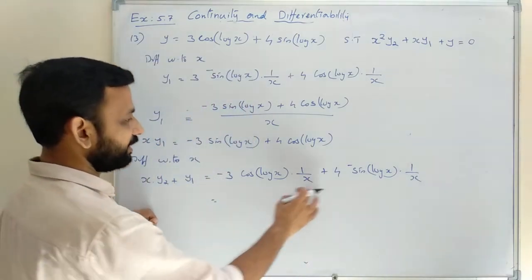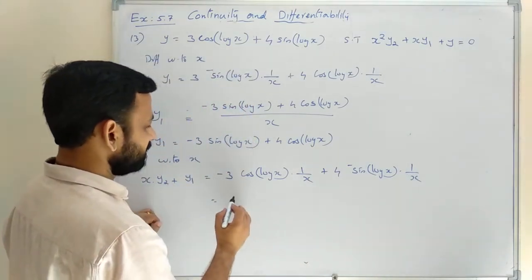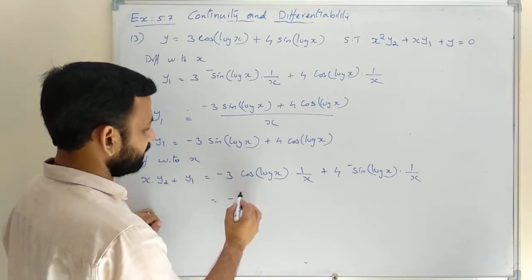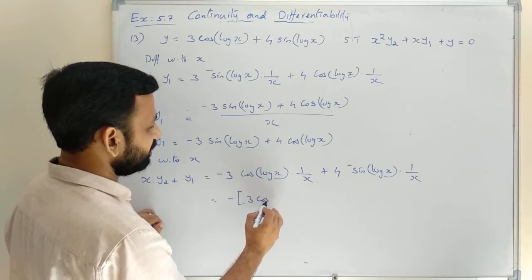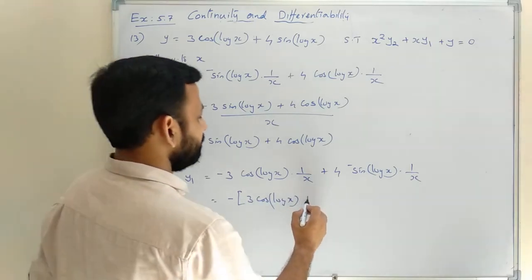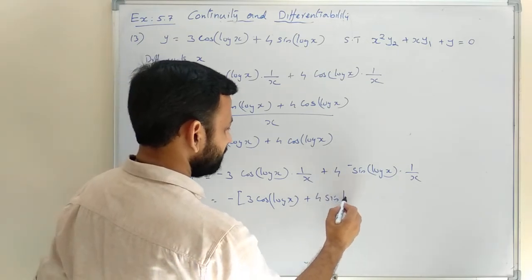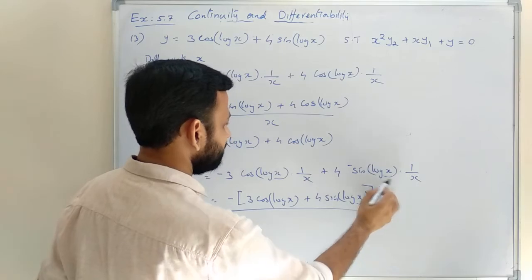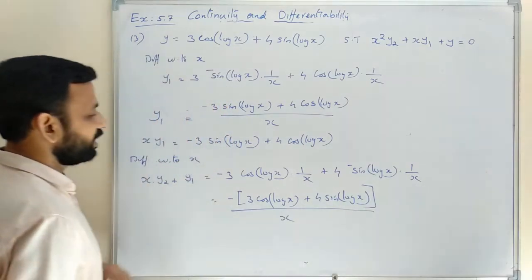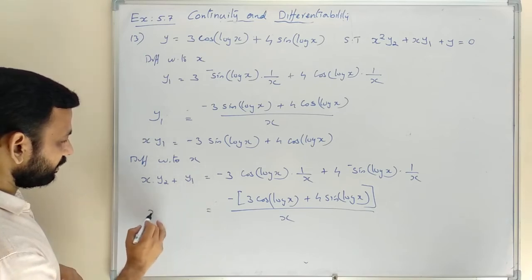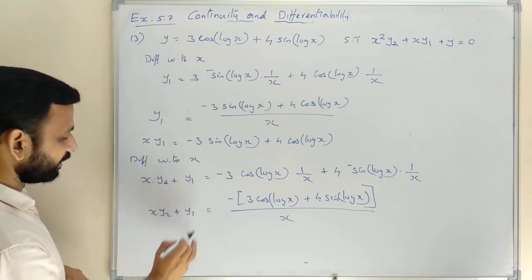Again we will simplify, common denominator x. So numerator will be, we can take minus outside from numerator, minus into 3 cos log x plus 4 sin log x divided by x. Now left side it is x y2 plus y1.